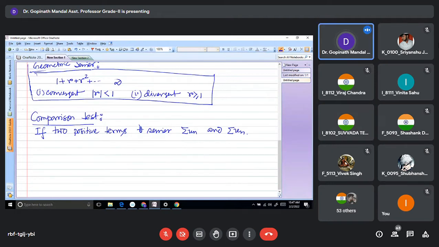If you take the Sn, so Sn will be r to the power n minus 1 by r minus 1. Yes, sir. But the sum of infinite terms is 1 by r minus 1. This is Sn. If n tends to infinity and r is greater than 1, then Sn will be infinity.